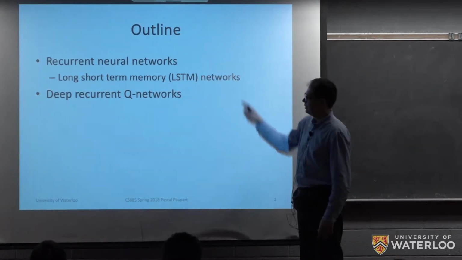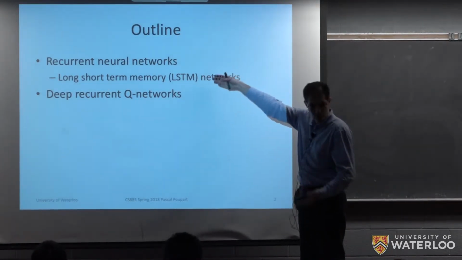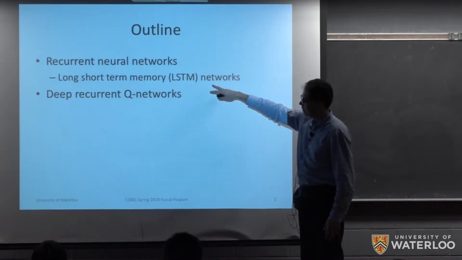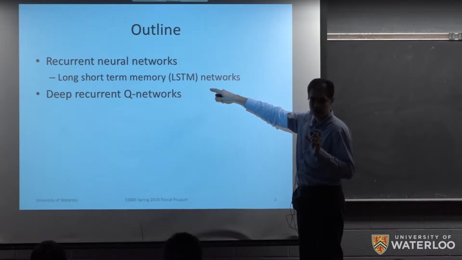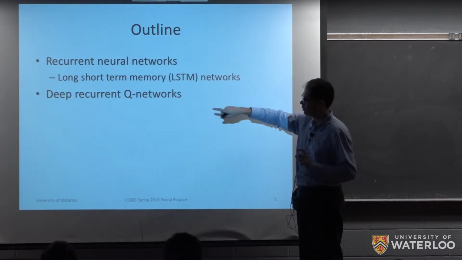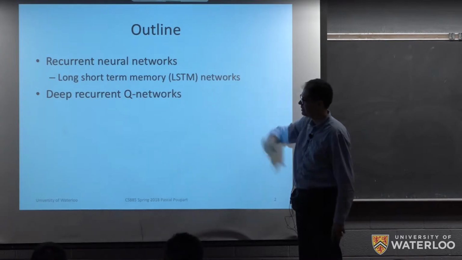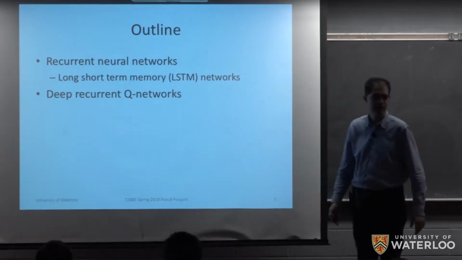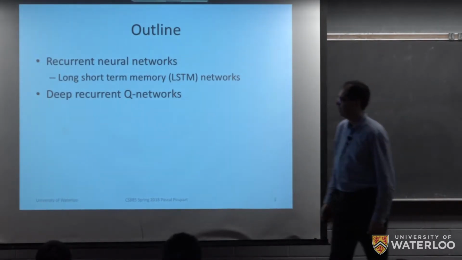So I will introduce recurrent neural networks. This will be a very brief introduction. In particular, we'll talk about one type of recurrent neural network known as long short-term memory networks, or LSTM networks, and then we'll see how they can be used inside deep recurrent Q networks.